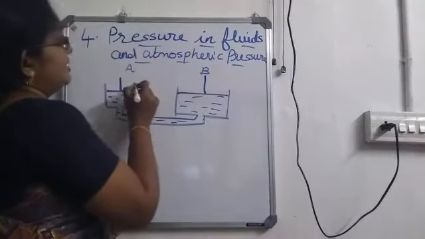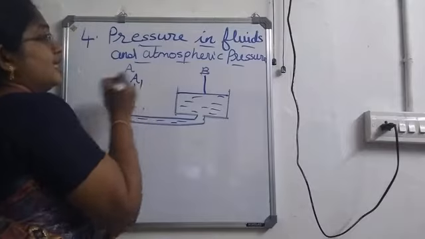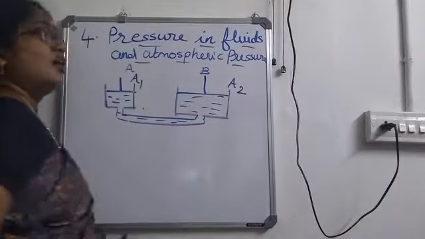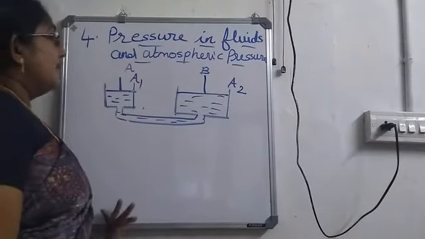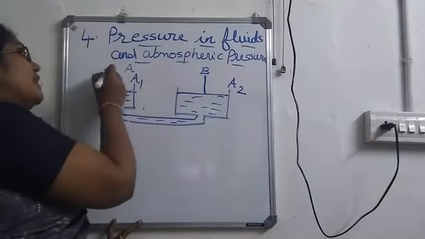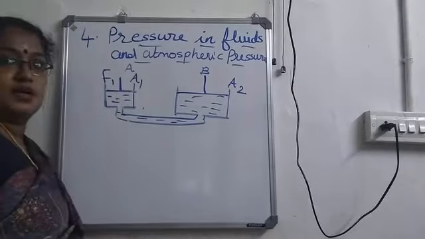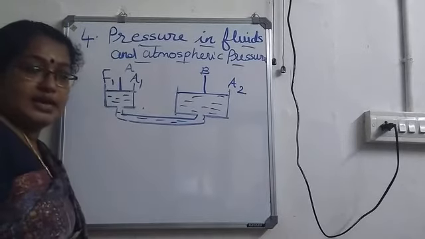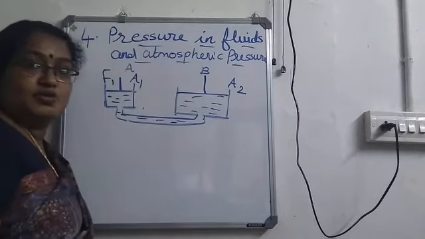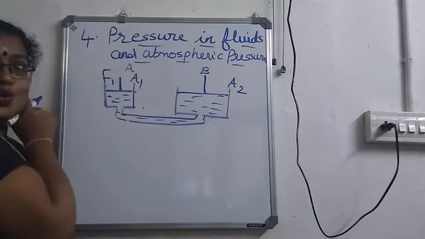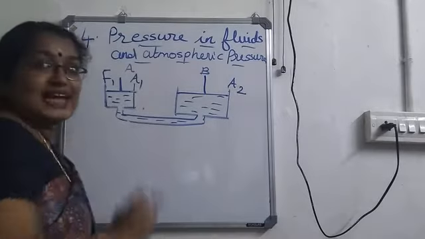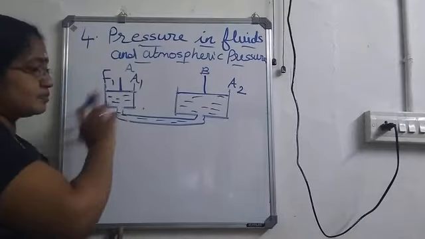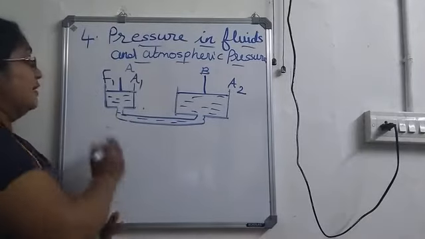Let this be cylinder A. Let A1 be the area of this cylinder and A2 be the area of this cylinder. Now, we are going to exert a force F1 on this piston. Inside this we have water, and we are just pushing the piston downward. F1 is the force exerted on the piston, and A1 is the area of the cylinder.